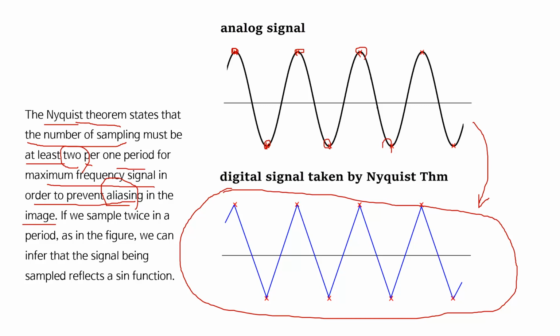If we sample twice in a period here, as in the figure, we can infer that the signal being sampled reflects the sine function. So the sampled signal resembles the original signal.